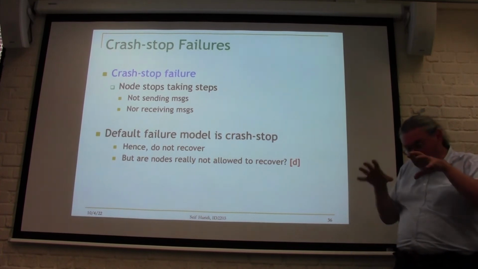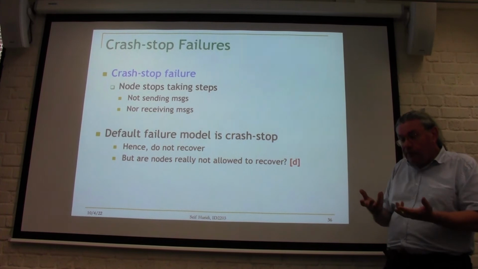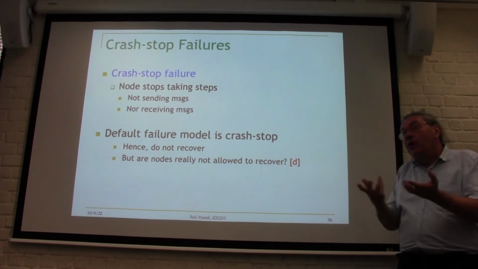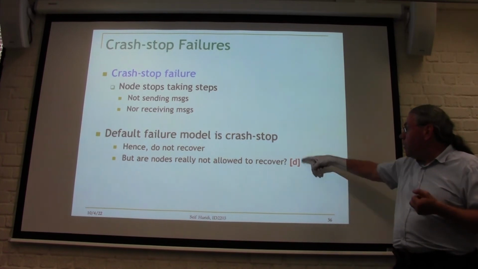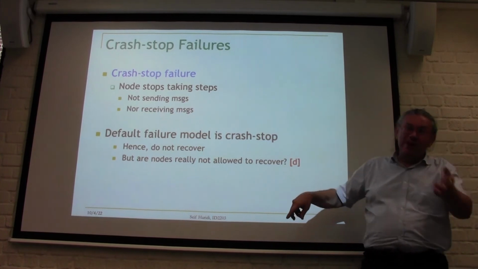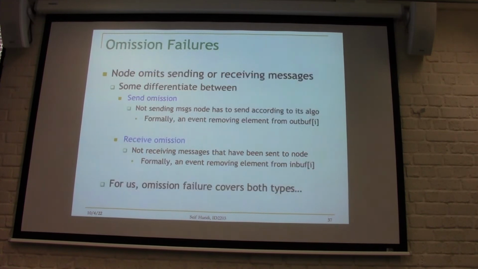If my application, like a database, crashes and I reboot it, it's actually a new application running on the same hardware. So usually it's a new node when it recovers. There's also the crash recovery, which is what happens to databases, but we'll talk about that in a few minutes. So crash stop is the default one, and we're going to do lots of algorithms for that.